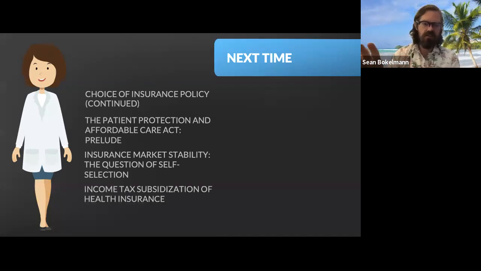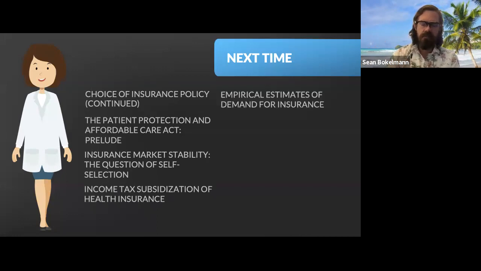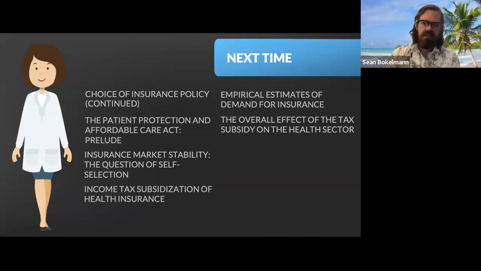Then we're going to move on to look at the subsidization of health insurance through income tax, which is related to the Affordable Care Act. Then we'll take a look at some evidence regarding the demand for insurance, so some empirical evidence. We will look at the effect of tax subsidies on the healthcare sector.